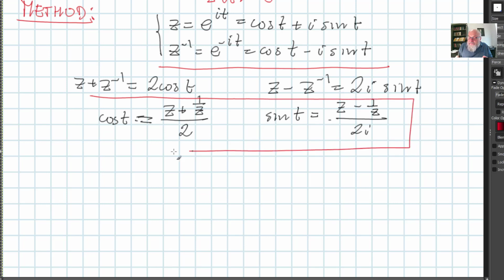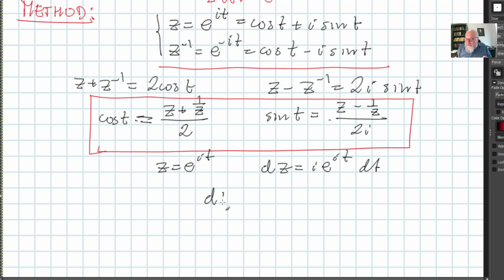Since z is equal to e to the it, we can derive that dz is equal to i e to the it dt, which gives me that dt is equal to dz divided by iz. And we get the third equation.